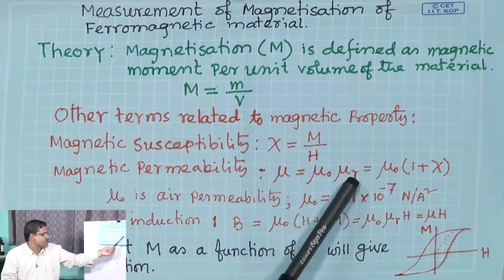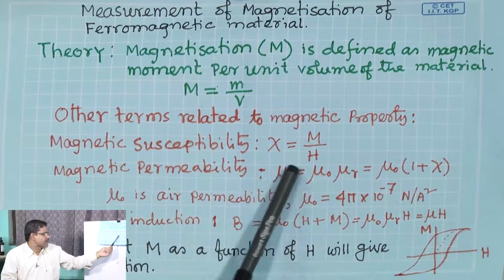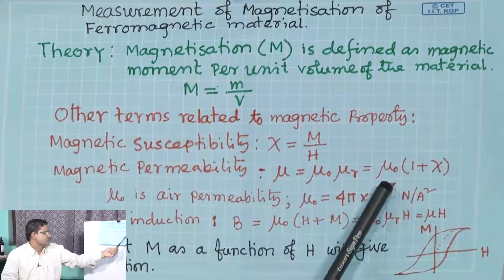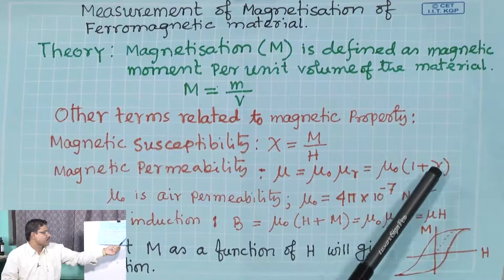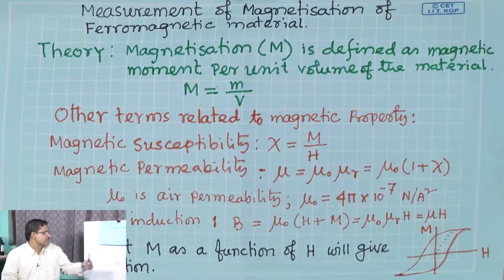This permeability is related to the susceptibility: mu equals mu 0 times (1 plus chi). So chi is related to M by H.